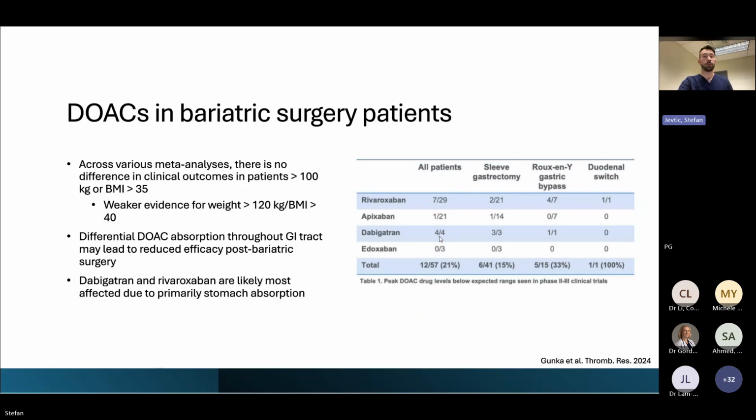So they were not properly absorbing the DOAC and were likely at increased risk for recurrent VTE. This was similarly a trend with the rivaroxaban population, but we didn't see a strong signal. With apixaban, however, only one patient was subtherapeutic. So there's some evidence here that even in bariatric patients, we can consider putting them on apixaban with good therapeutic effect.